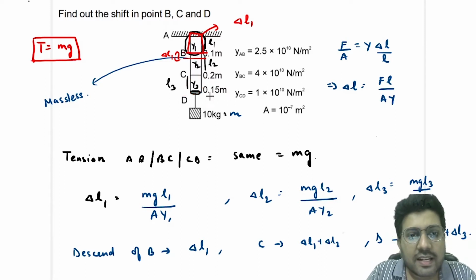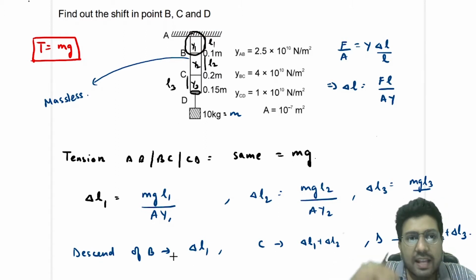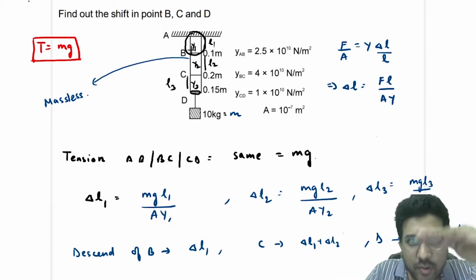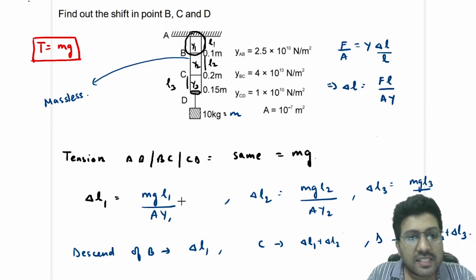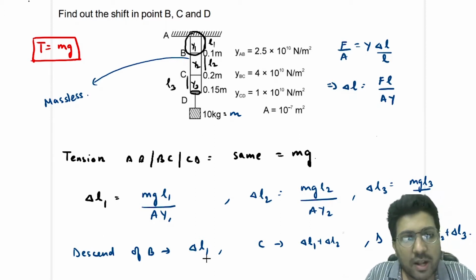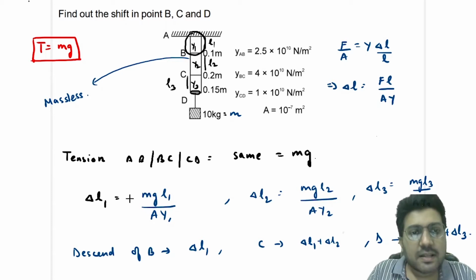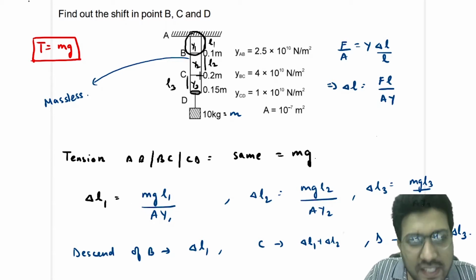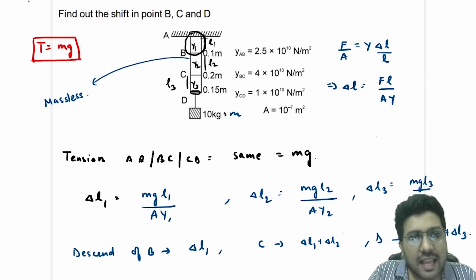So we will write the elongation in part B. The descent, since it is going down, so descent of B is delta L1, which is equal to this. The descent of C is delta L1 plus delta L2 because it is going down along with this, as well as this part is also stretching.